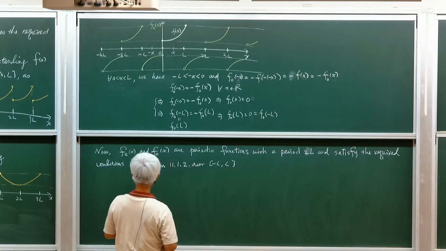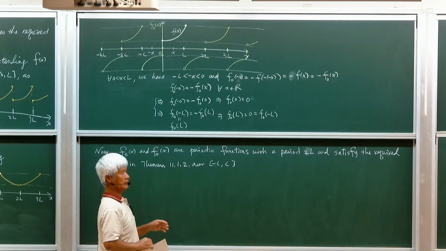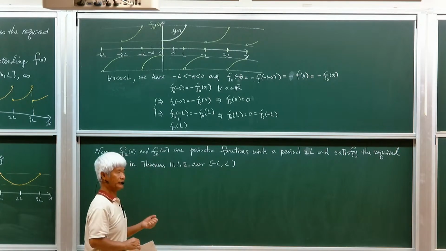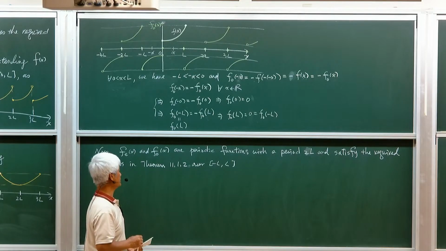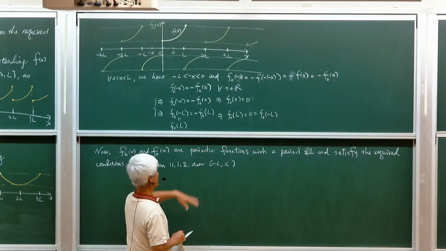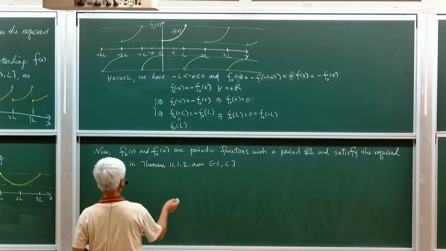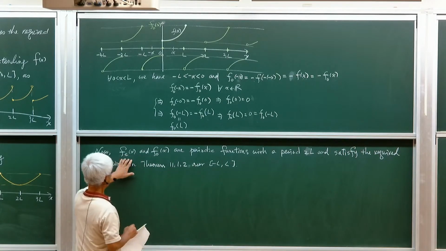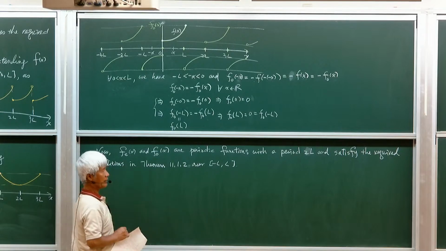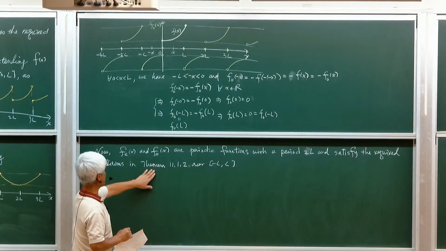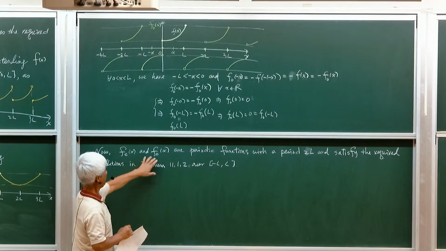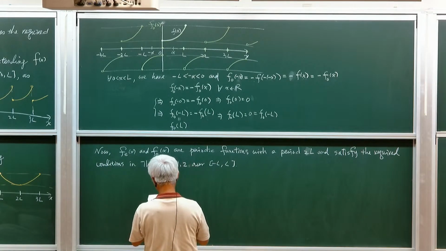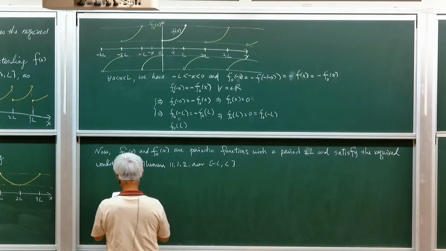And both of them have a left-hand derivative and a right-hand derivative at every point x in R. So that they satisfy the conditions, and so we can apply the representation theorem to both of them.